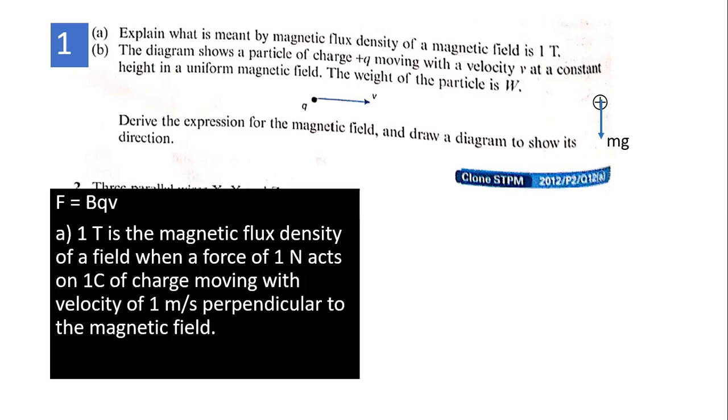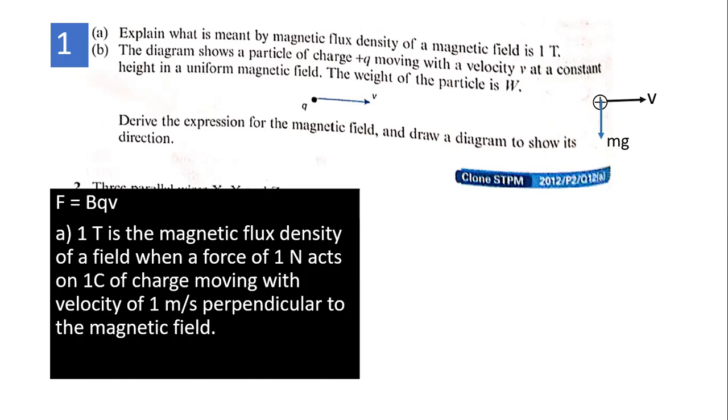The magnetic force must be upwards to balance the weight. The current is to the right. So that means the magnetic field is at the intersection between the force and the current. Where's the magnetic field?